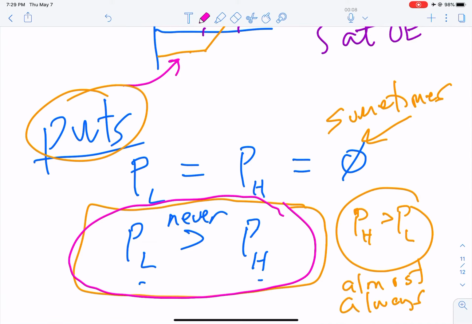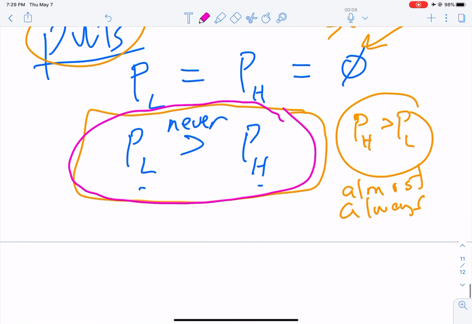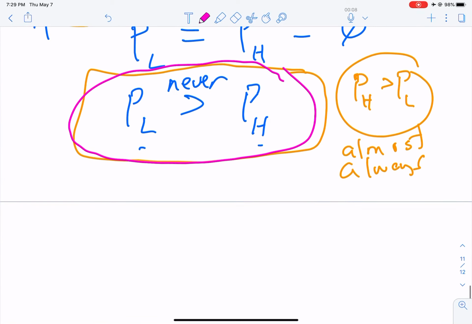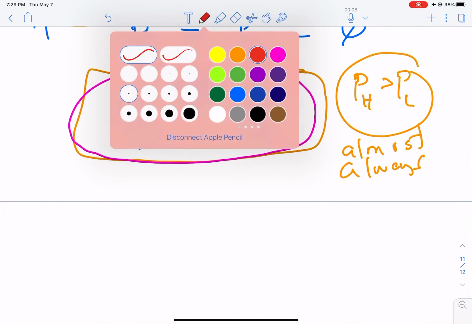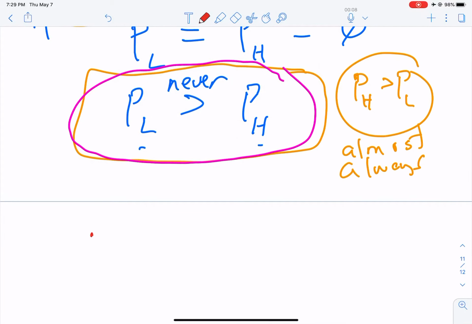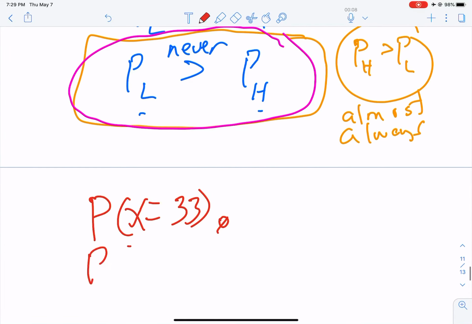Well, let's examine a circumstance where that condition is violated. So we'll talk about a put option now. Let's say we have a put with an exercise price of 33, and talk about its price right now, and a put with an exercise price of 34, and talk about its price right now.